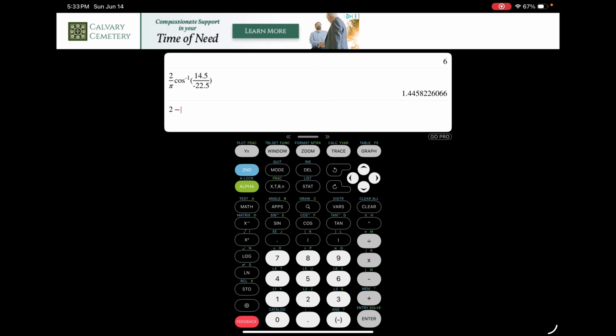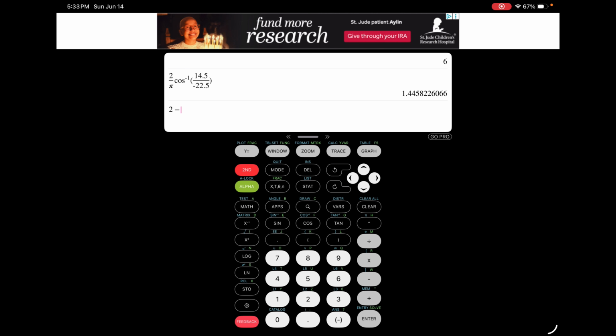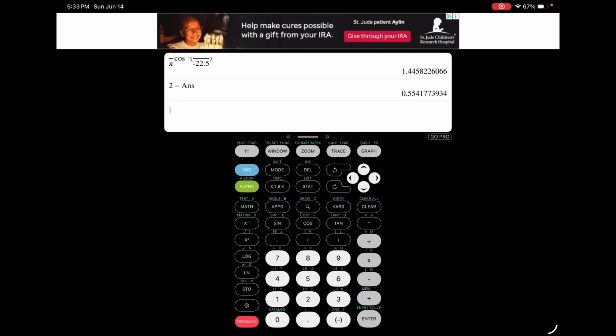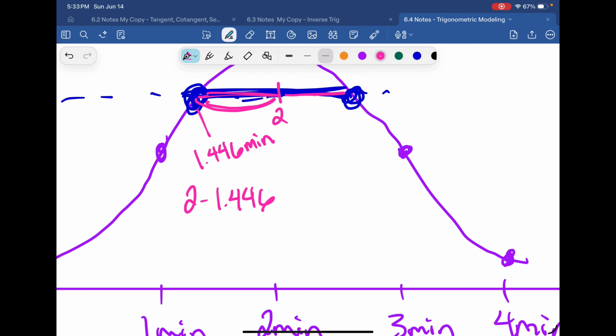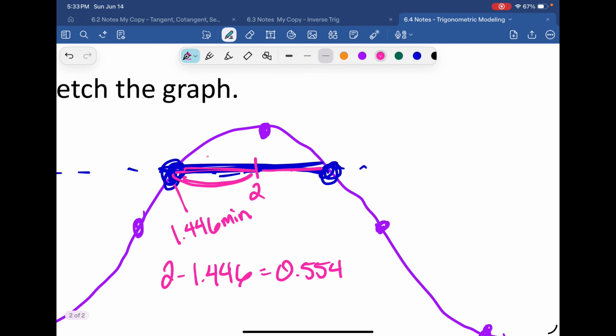Now I'm going to be accurate, so I'm going to use the answer button. So it was 0.554. So this distance is 0.554, which means this distance is 0.554.